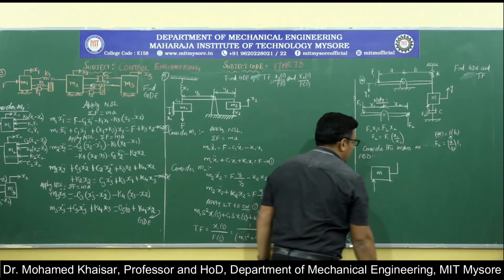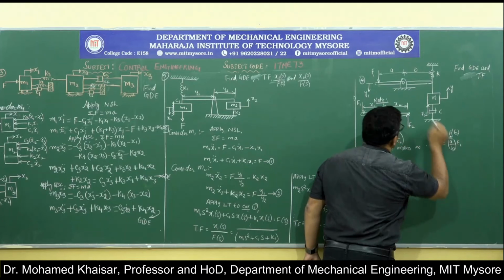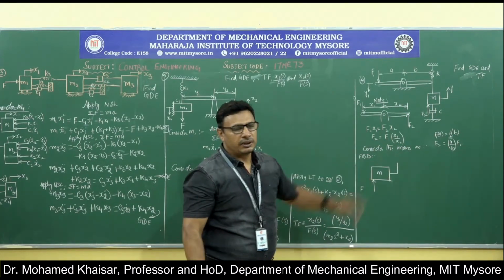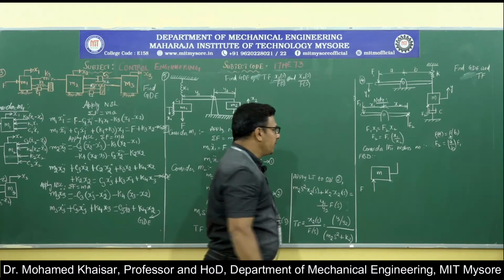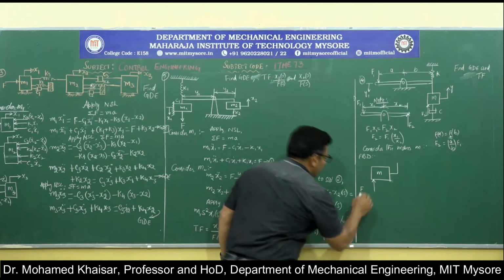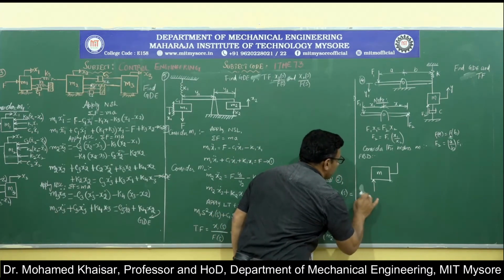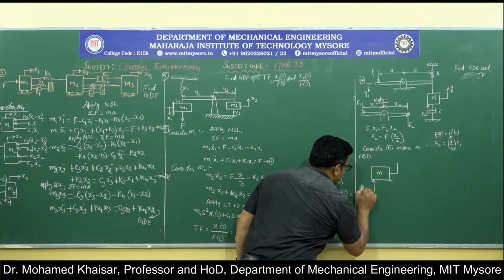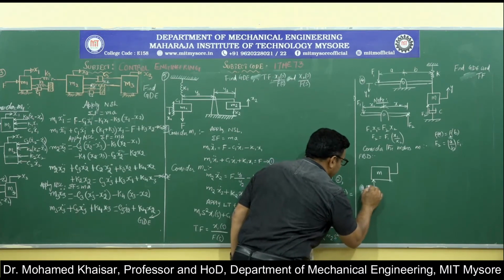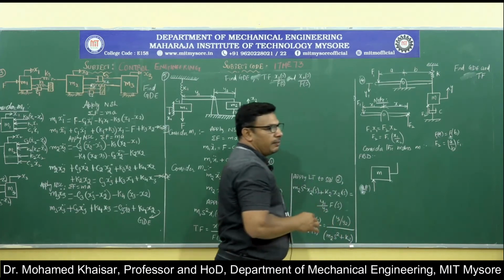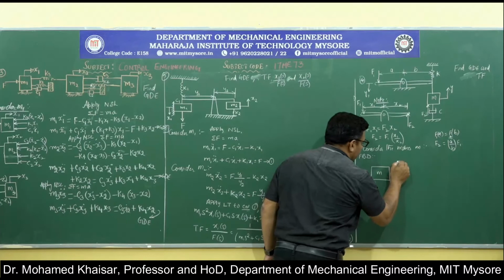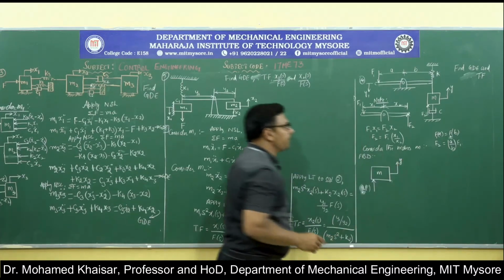Since F1 and F2 were not named originally, I have named them myself so that it becomes easier for us to analyze. So F2, the force experienced by the mass from the downside, is going to be A by B into F, which causes the mass m to get displaced by distance y.